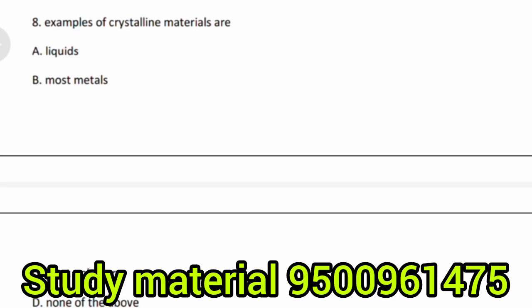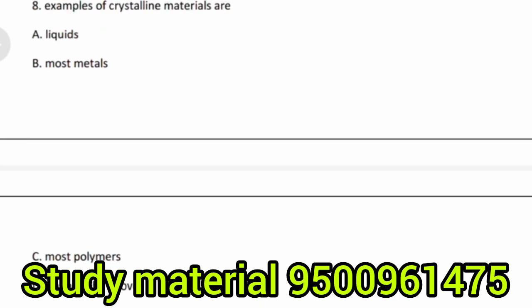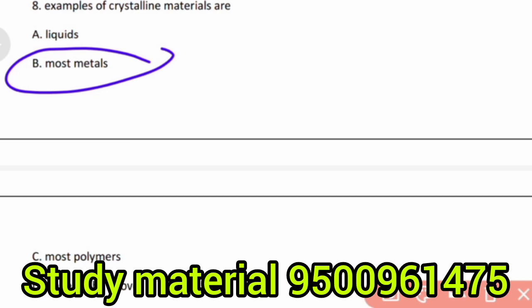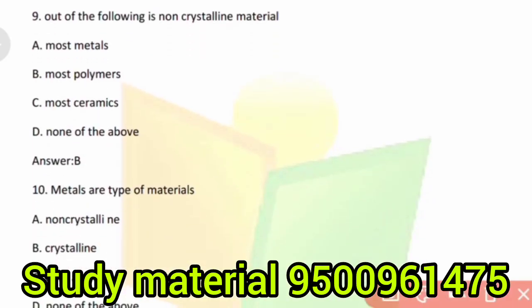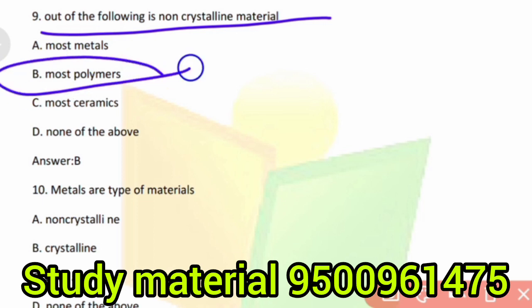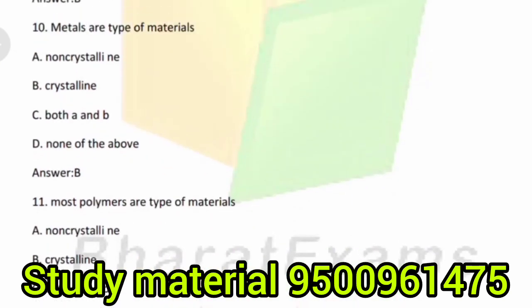Examples of crystalline materials are, option B, most metals. Which of the following is a non-crystalline material? Option B, most polymers. Metals are crystalline types of materials.